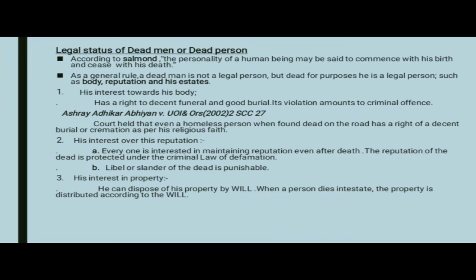That is, anything published or any imputation which harms the deceased person's reputation or his nearest relatives' reputation would attract legal punishment. And the third one is his interest in property. Whenever a person dies, the property of the estate is distributed according to his will.